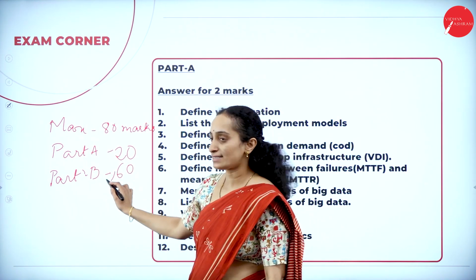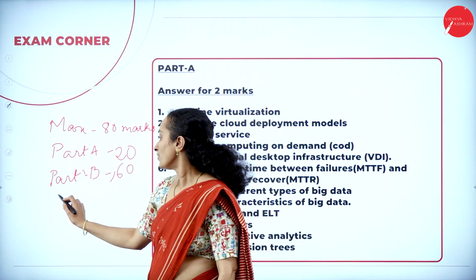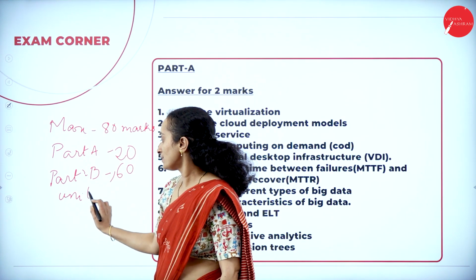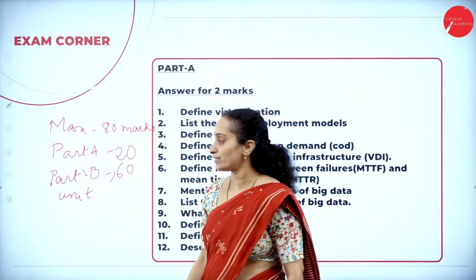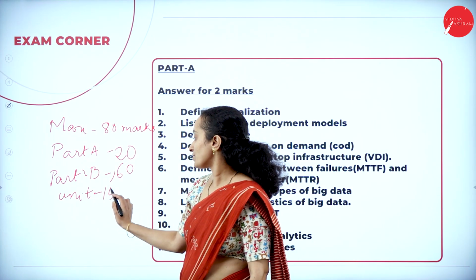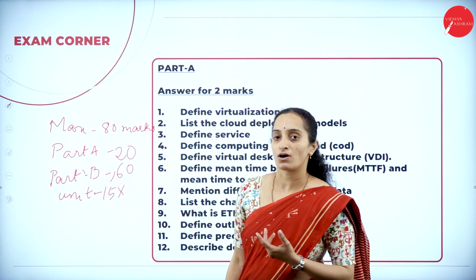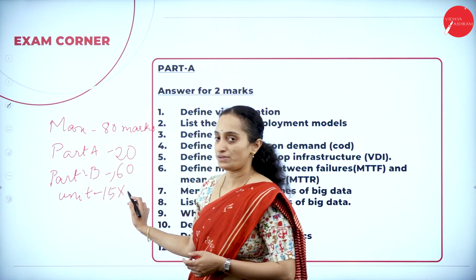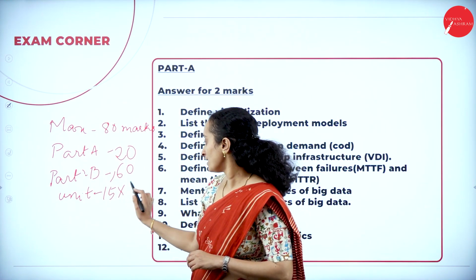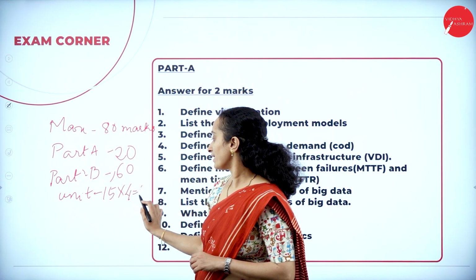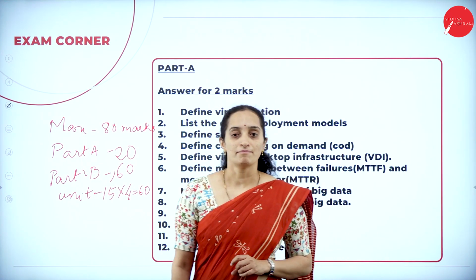In these 60 marks, you will have 4 unit questions. From each unit, you will get a question carrying 15 marks, maybe 1, 2 or 3 questions with 15 marks in total. 15 marks into 4 units, you will get 60 marks.